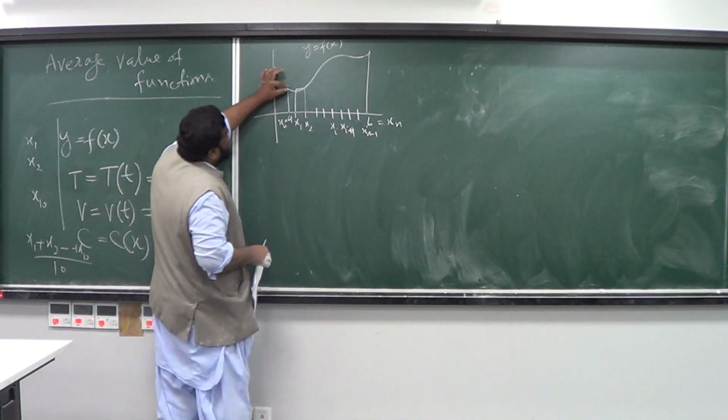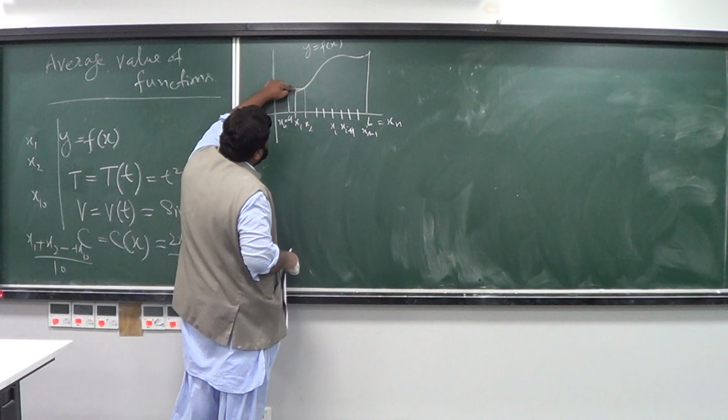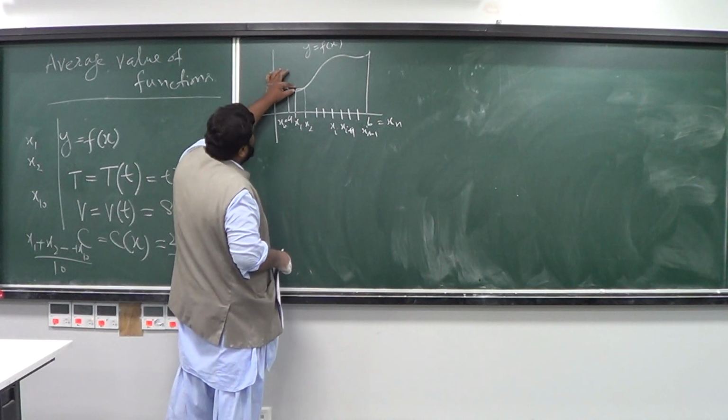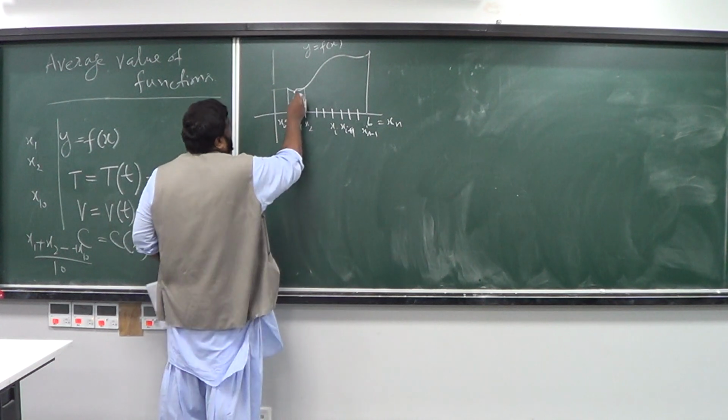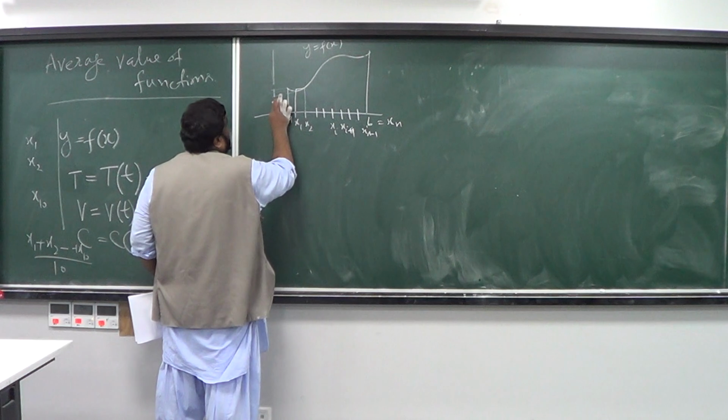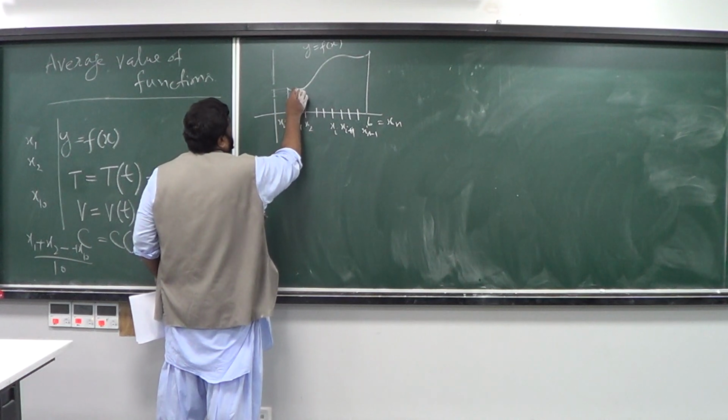These values are not too much different. For example, the lowest value is this and the highest value is this.